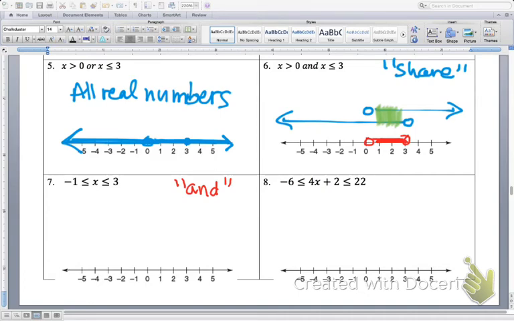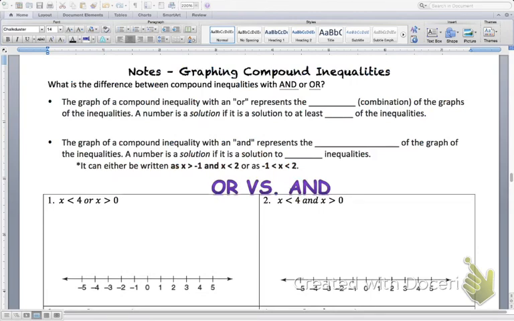So we look at the top section, going back to our definition. If we look at this section here, your and inequalities can be written in a specific way. So it can be written in 2 ways. You can write it the regular way with the word and in between, or you can write it as a connected inequality.